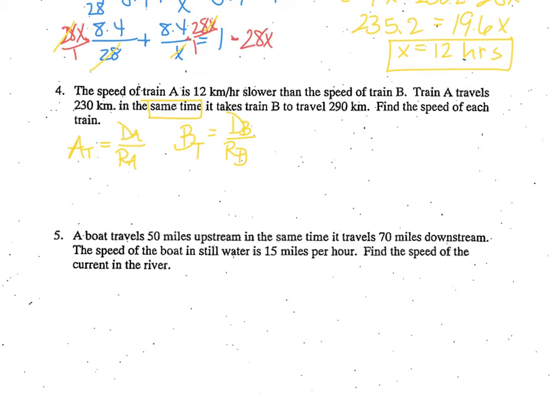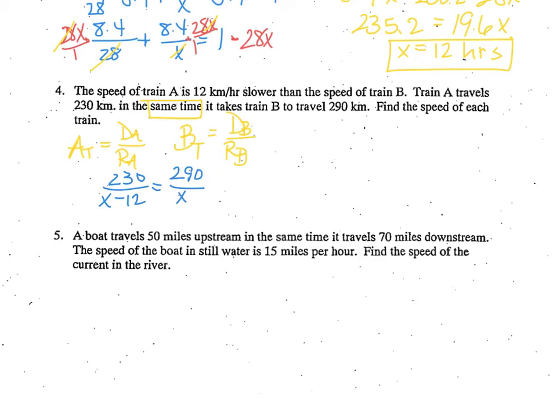The distance for train A is 230. The rate of train A is 12 kilometers slower than B. The distance for train B, equal to this, is 290, and the rate of train B is just x.